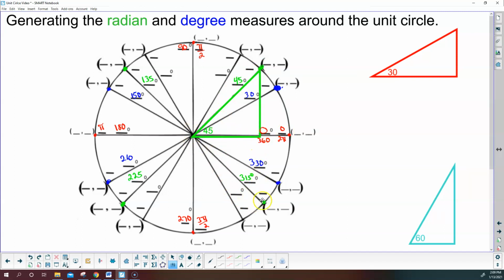So if I'm in quadrant 4, that means I went all the way around the circle until this line segment right here, which ends up getting me to be 315 degrees, which notice 360 minus 45 is 315. So that's how you do the 45-degree chunks.